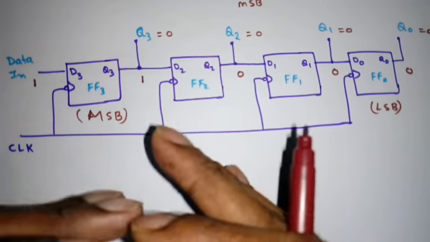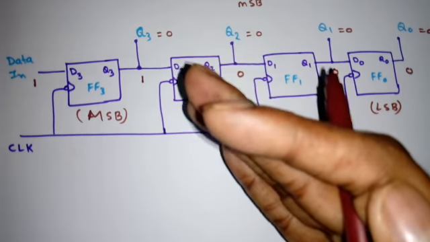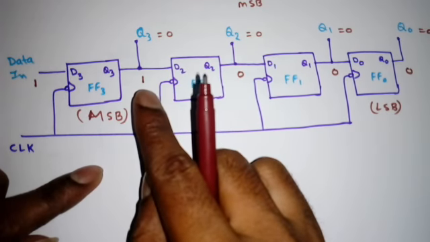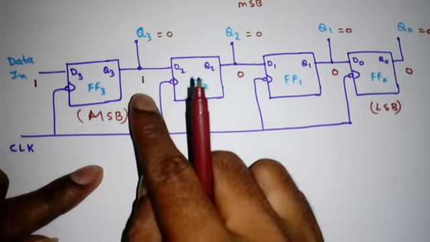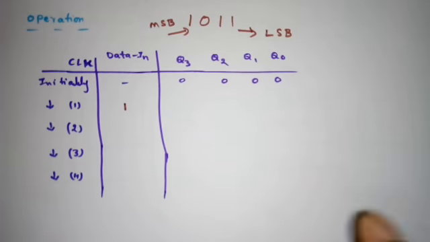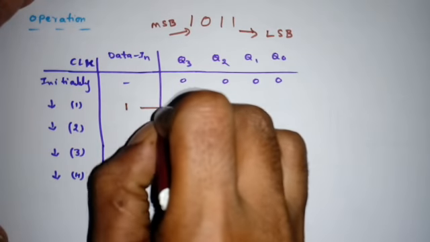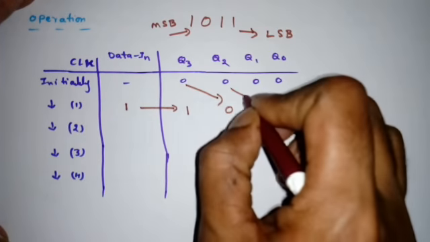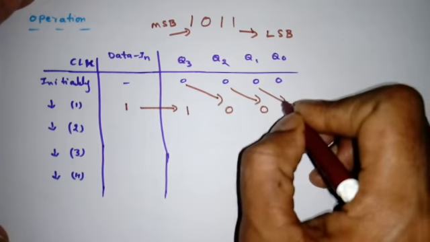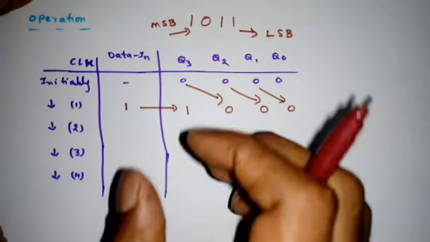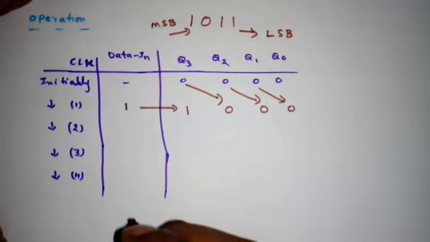That will happen at the next clock edge. So after the first clock edge, the state of the register is 1 0 0 0. So this 1 will be transferred to Q3, and so on through Q2, Q1, Q0. Right? So this is what is happening, right shift is happening.